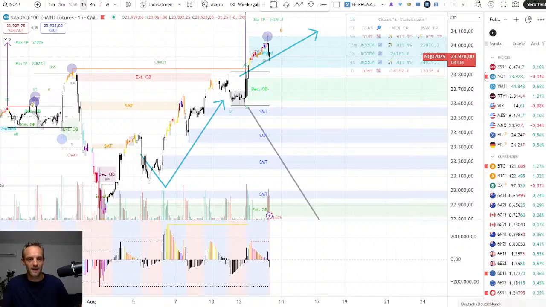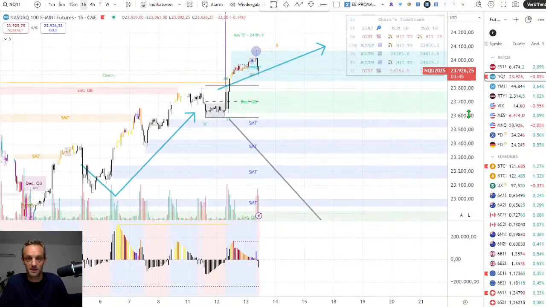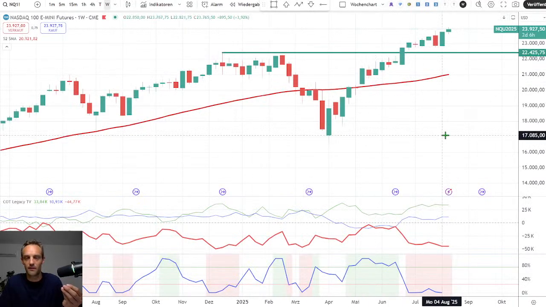Why? This will work until there are not that many people using it. It will not work anymore if bigger institutional traders or big money are using this pattern, because this is very important to understand.